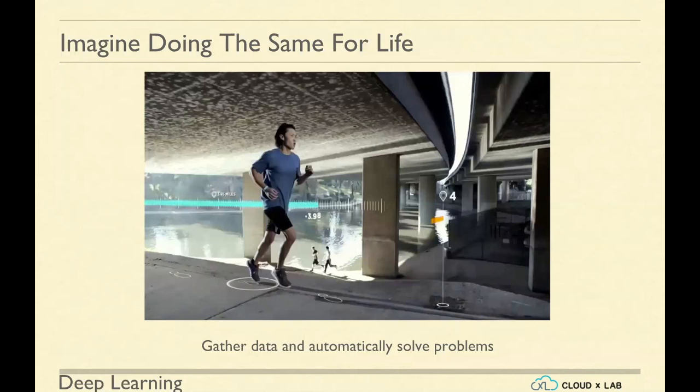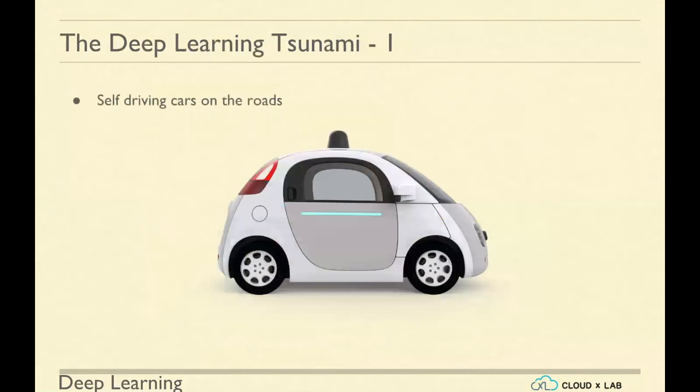Another is in the field of crystals, where we are trying to see the crystal strength and so on. There are many more use cases which are far beyond what we just saw. So imagine doing the same thing for life: gather the data and try to solve problems automatically. That's the idea.